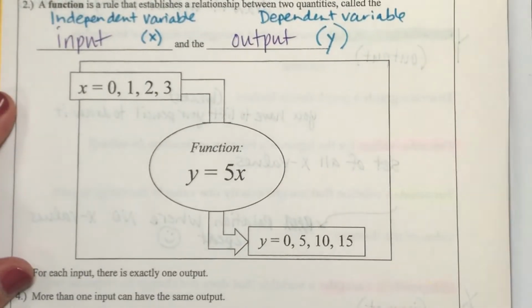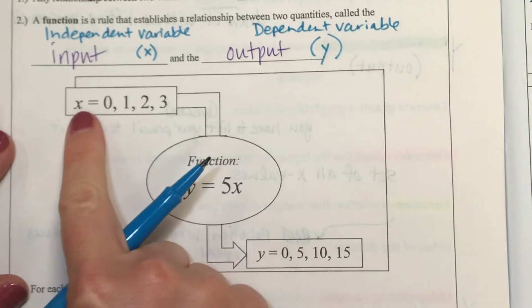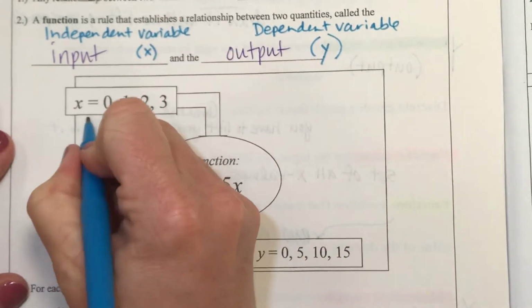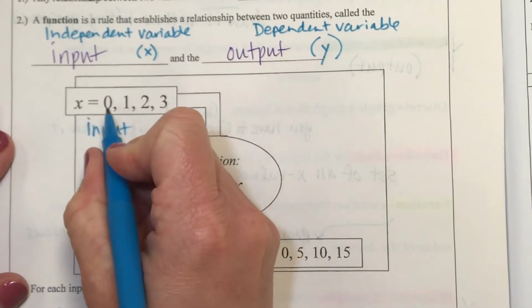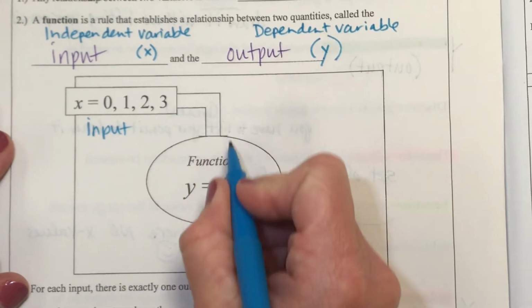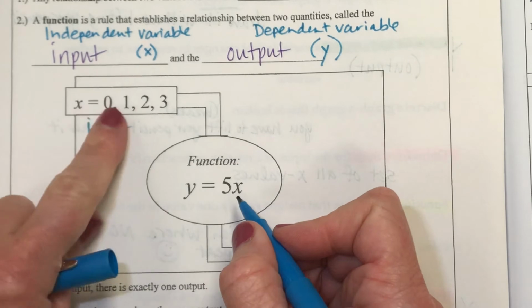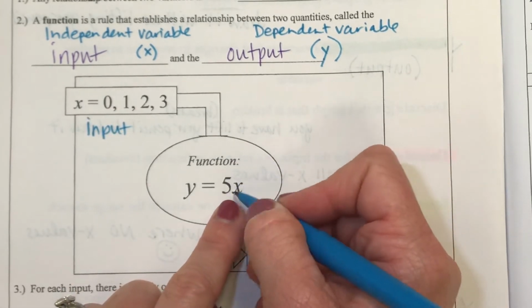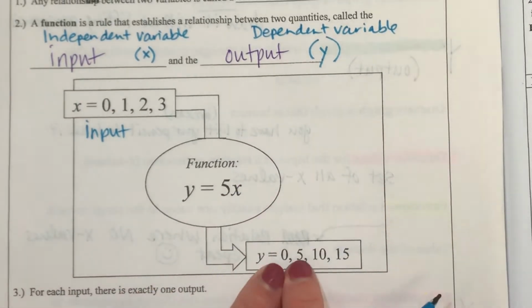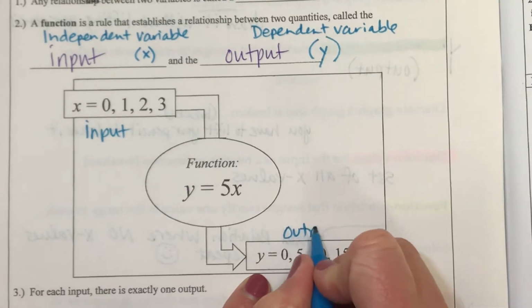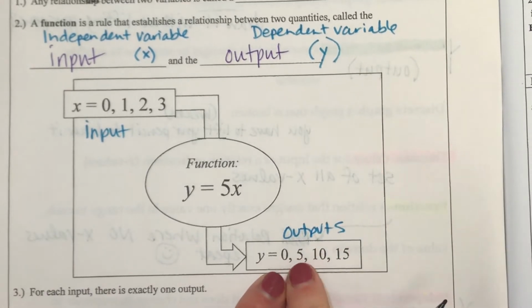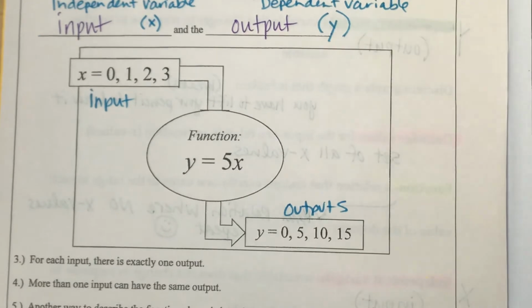So in this function here, we see your inputs going into the function are the numbers 0, 1, 2, and 3, and after the function is done, whatever your function needs to do, in this case we're multiplying by 5, we get outputs here of 0, 5, 10, and 15.